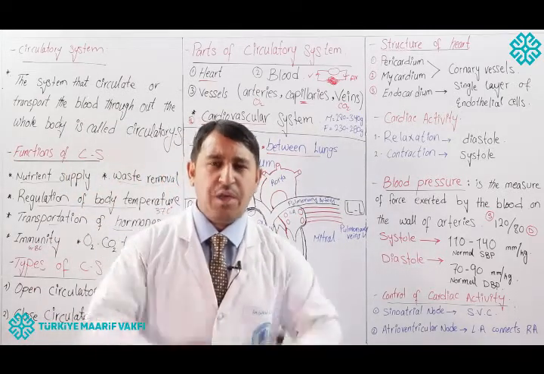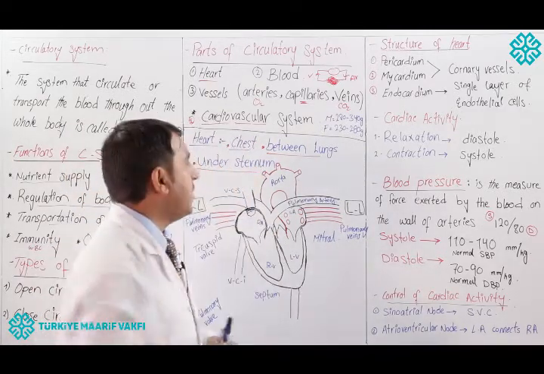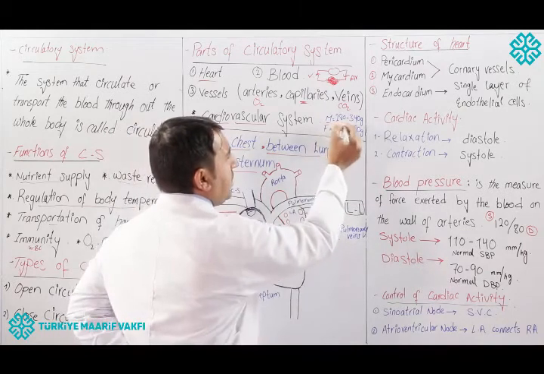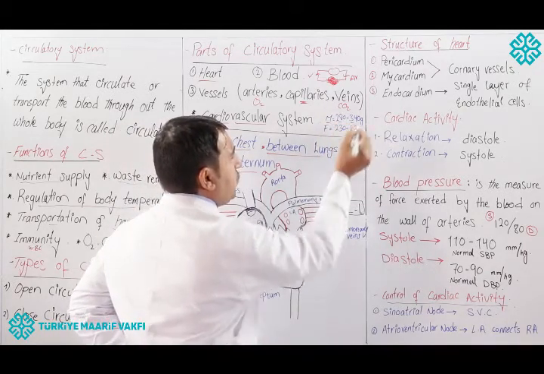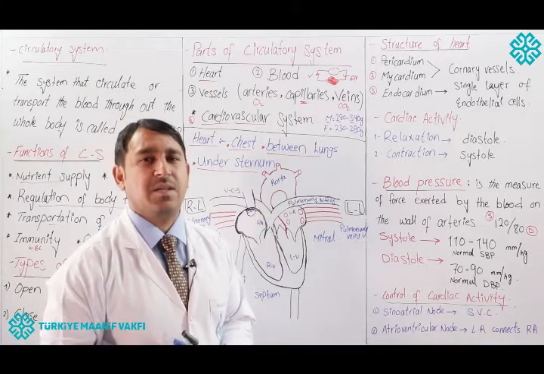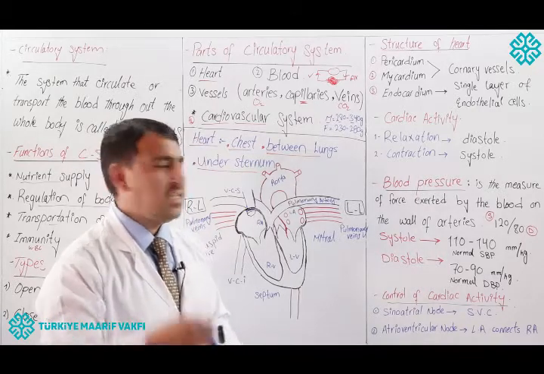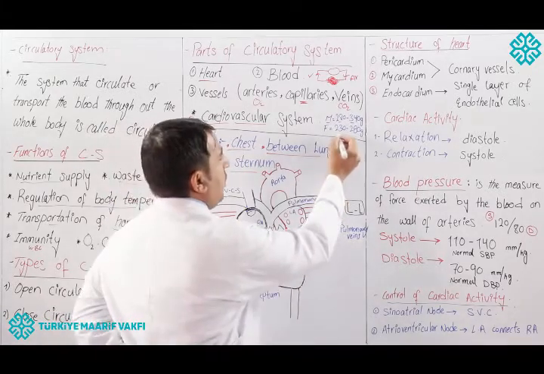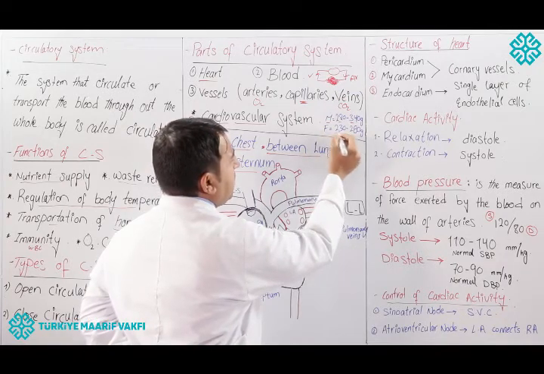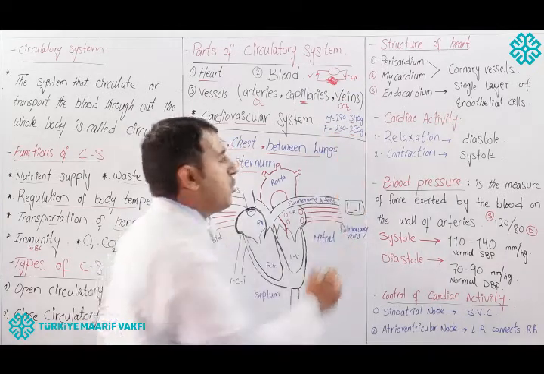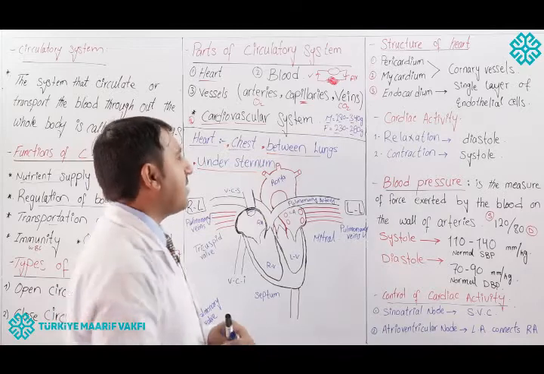If we come to the weight of the heart, in males the weight is from 280 to 340 grams. But in females, it is different. It is from 230 to 280 grams.